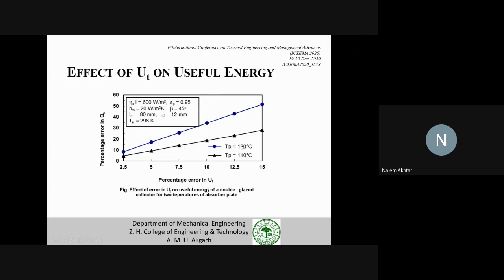Similarly, if the absorber plate temperature is higher, which is of course required in applications such as a vapor absorption system or the solar cooker, the resulting error in the calculation of useful energy will be much higher.